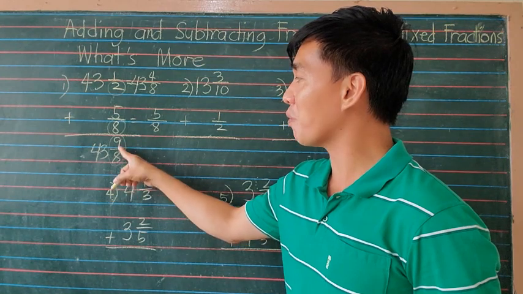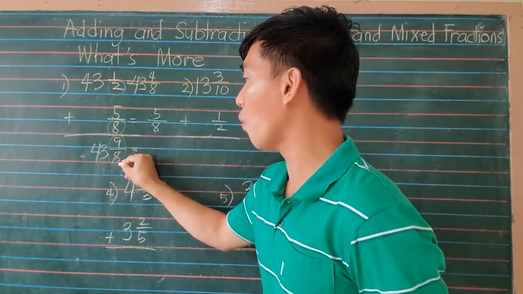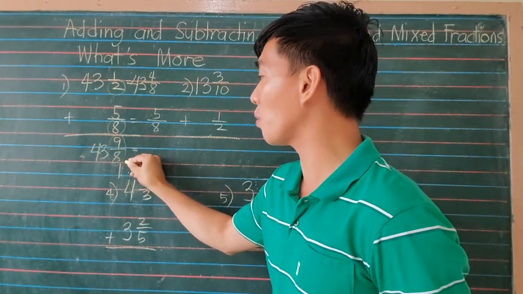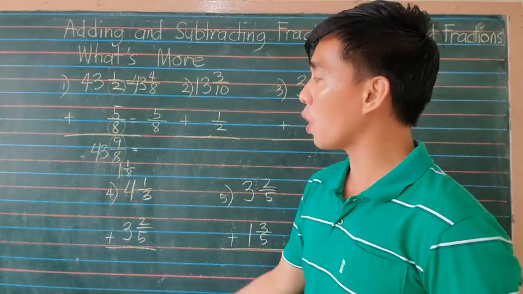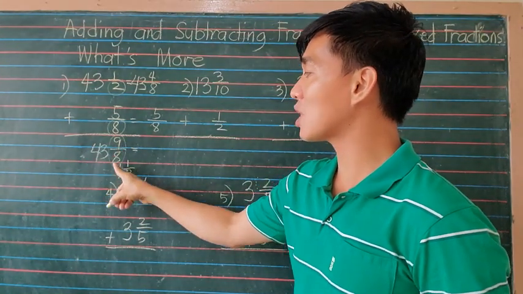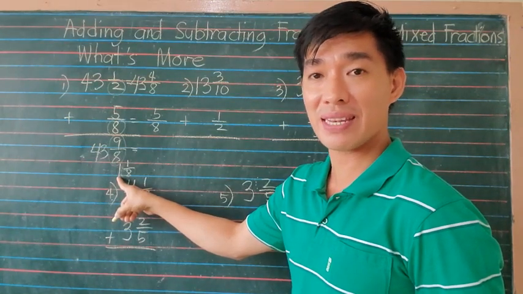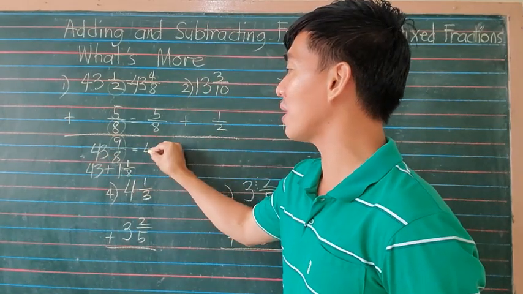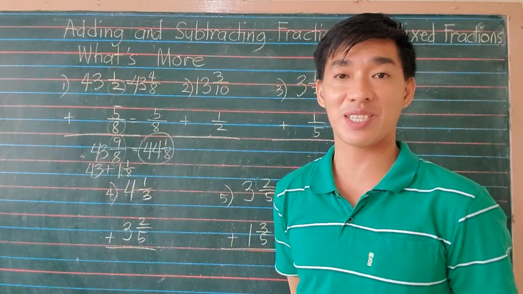Ilang 8 po ba yung makukuha natin sa 9? So that is equal to 1. And of course, if we will subtract 8 from 9, there's always a remainder of 1. Then copy the denominator 8. So 9/8 is also equal to 1 and 1/8. So, we will add that to 43 now. So, the correct answer is 44 and 1/8 is our final answer.